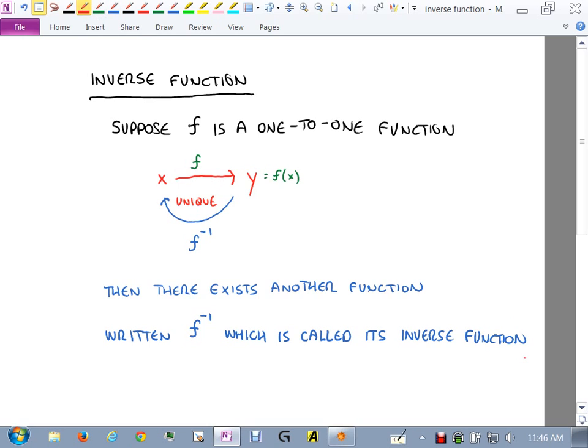It's the function that undoes the function f. It's the car wash that makes the clean car dirty again. All right? That's what it is.